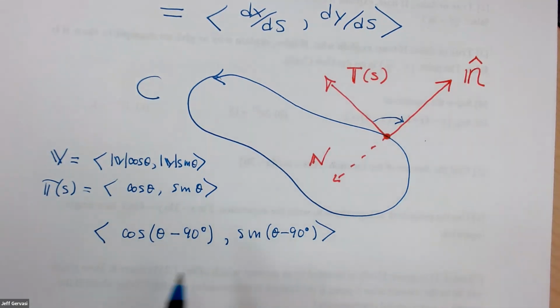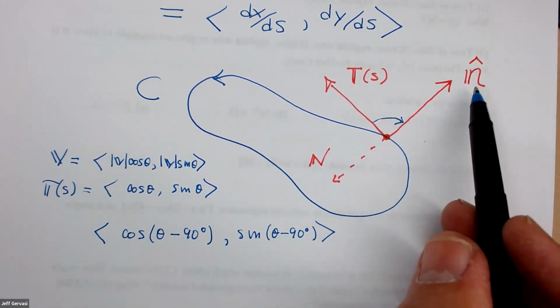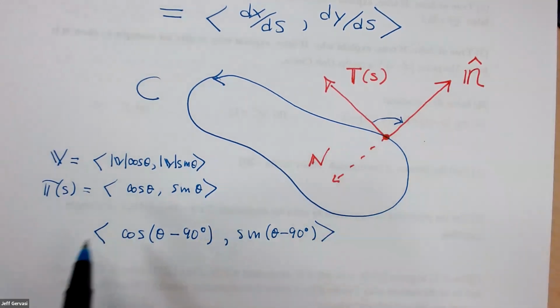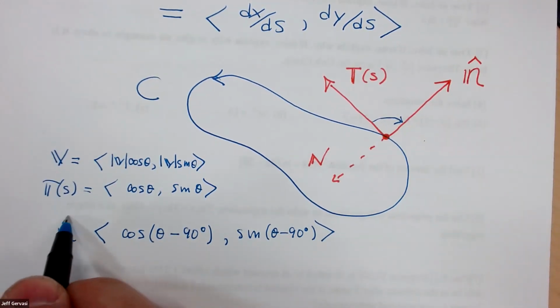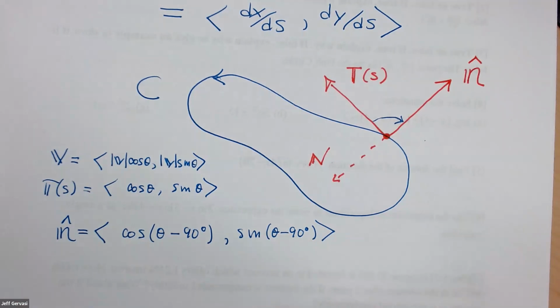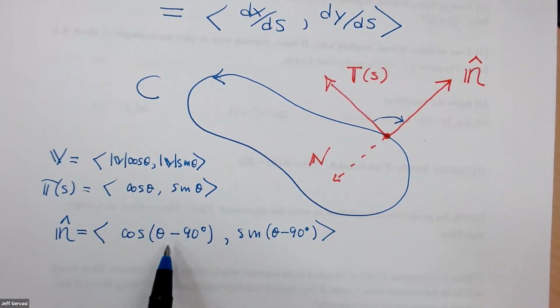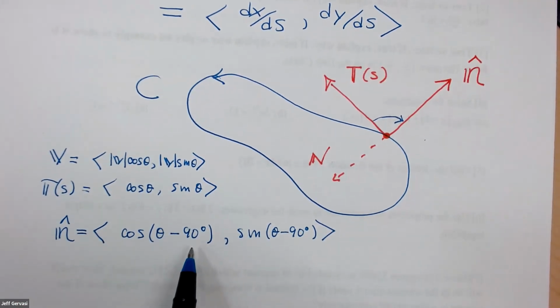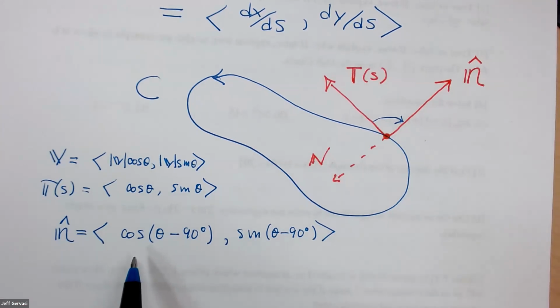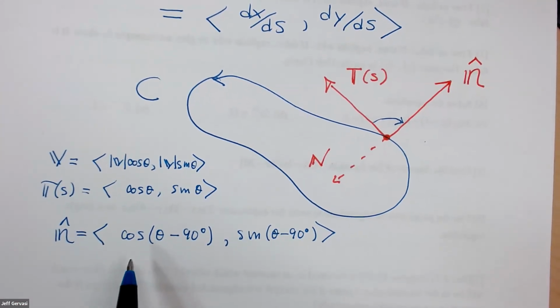Now, gang, remember, so that's this right here. That's what I want to take my normal vector to be. So I'm going to write n with the little hat over it to be this new vector. Now, remember, again, from our trigonometry days and even our pre-calculus days, what does that mean? That's a horizontal shift to the right, pi over 2 radians. You know what's going to happen? That cosine is going to land right on top of sine, right?